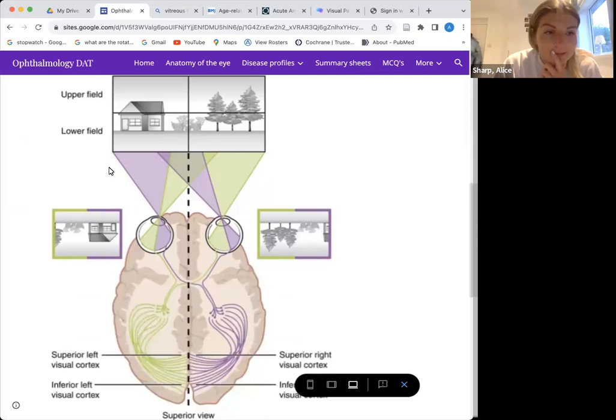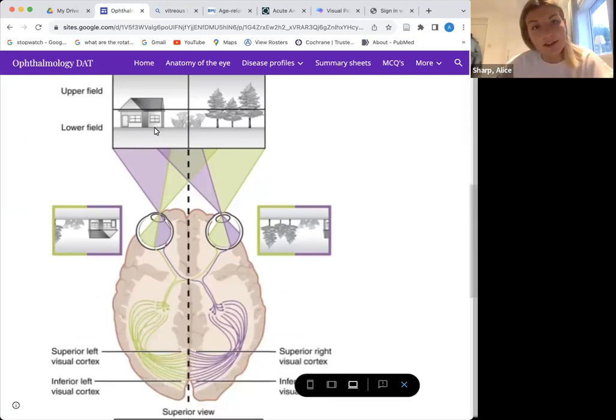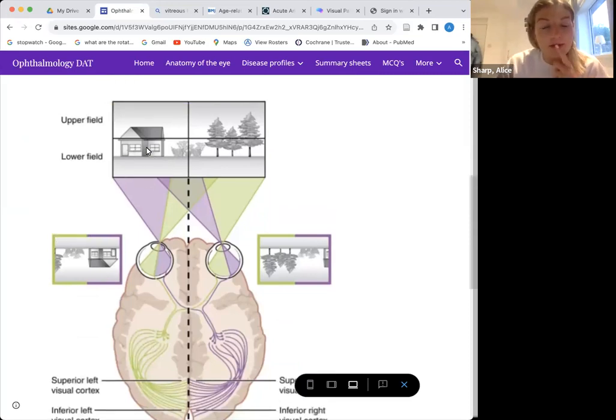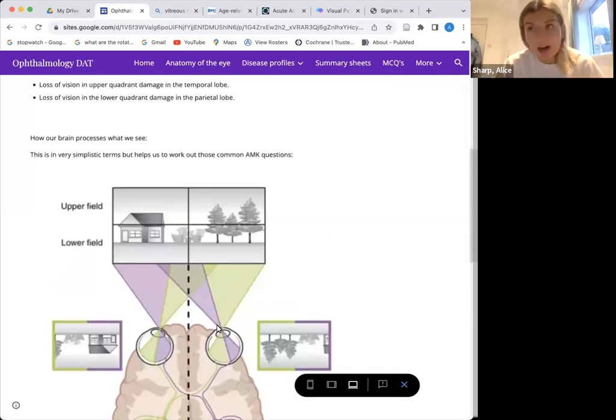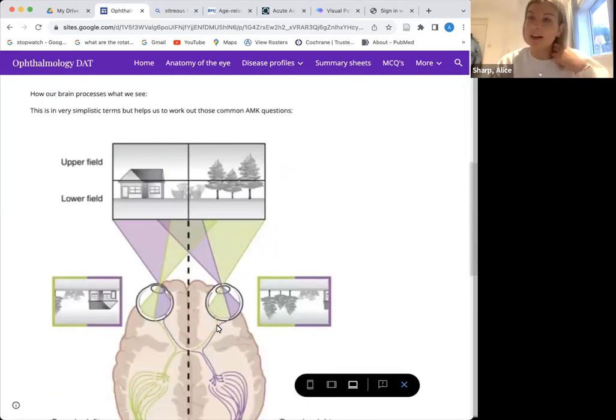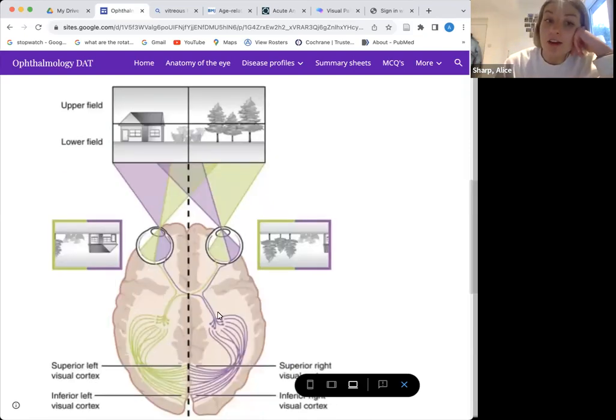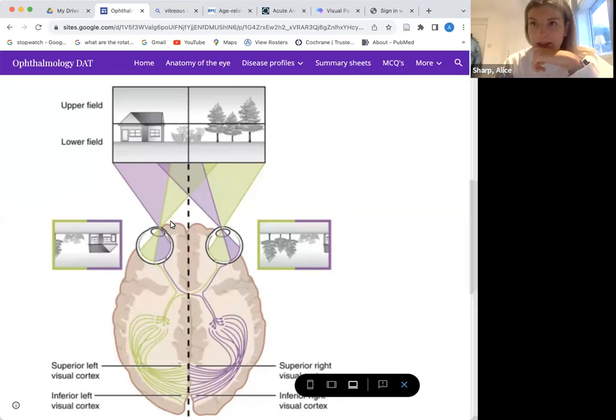Essentially, if you have loss of vision in this left lower field, that is going to be the right parietal lobe, because PITS is inferior. And because of the crossover at the optic chiasm, it's going to be the opposite side to the loss of vision, if that makes sense.